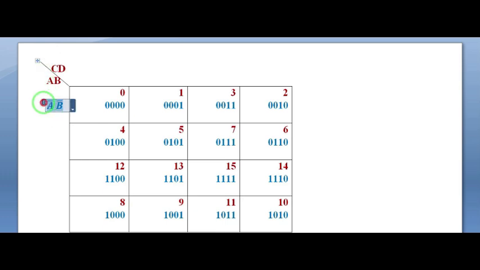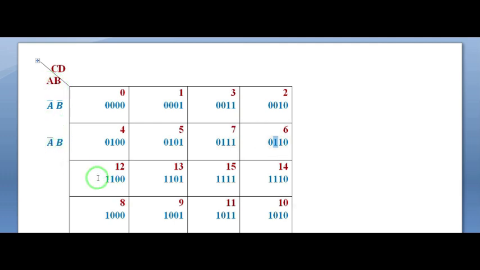So 0 and 1 means complement of A and this is B, because here the first 0 is going to represent the position of A. So 0 means complement of A. That's why I have written complement of A. The second bit is here 1, here also 1, here also 1. The second bit is nothing but B. The variable is B.